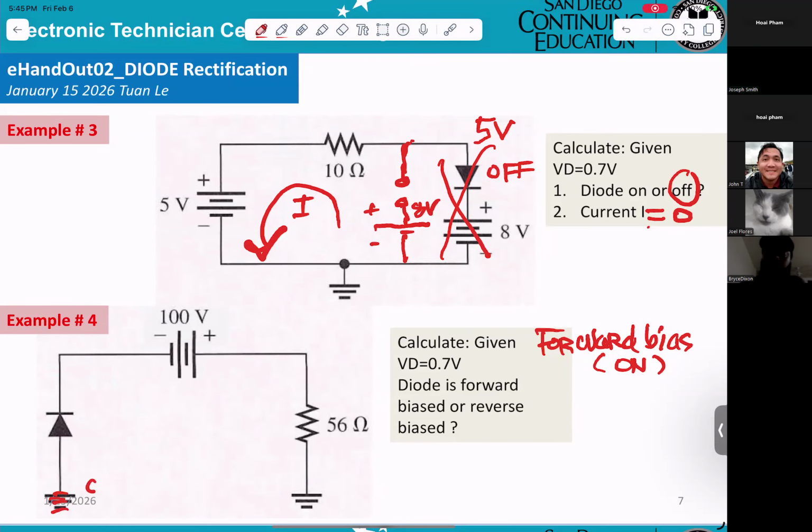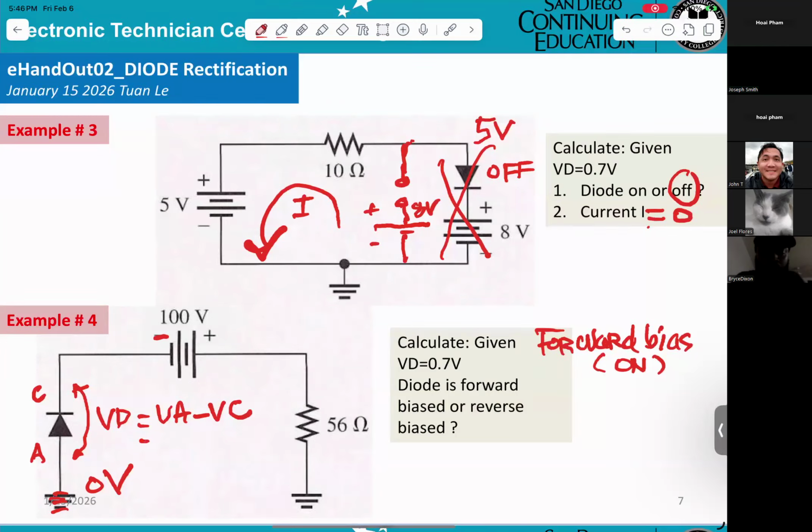You can see this is ground. How many volts? 0, ground, right? On the other side, you get negative 100 volts. The voltage across the diode will be VD. This will be A, that will be C. VD means VA minus VC.